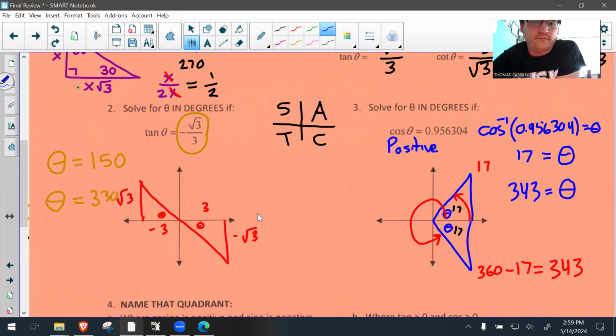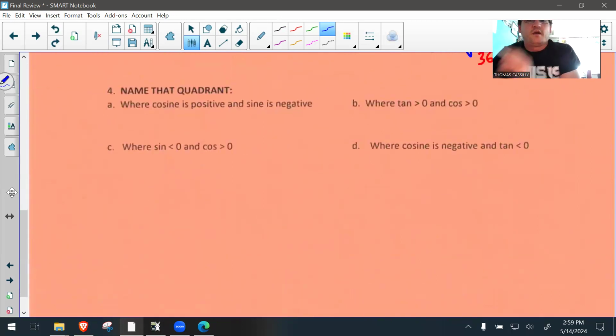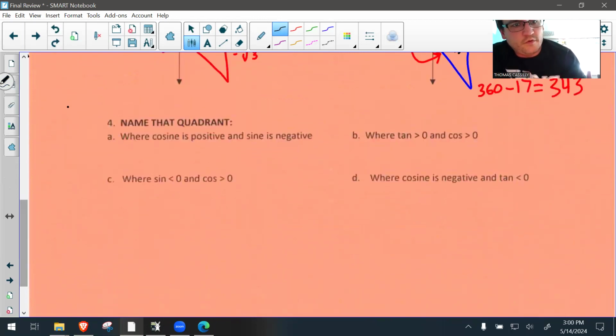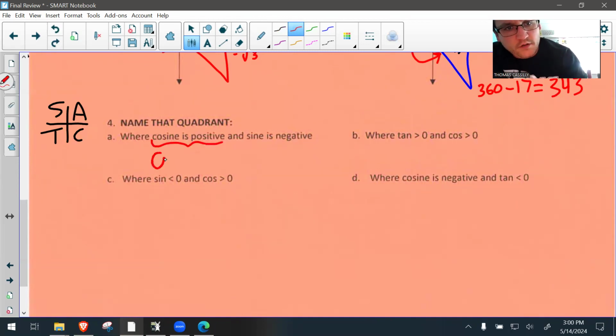All right. Next one. These go quick. Again, this is another one of these charts. All students take calculus. So cosine is positive. We know cosine is positive in quadrant 1 and quadrant 4.